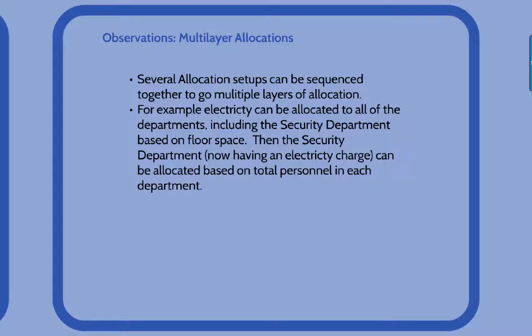Well, you can stack these allocations up so that you can do multiple allocations in sequence. So you allocate one layer which puts costs into some departments, and then you allocate another layer which takes those costs and allocates them to other departments, and so forth. I just used the simplest example, thinking about allocating the cost of expenses to departments, but you could also be allocating from almost any place to any other place in multiple layers.